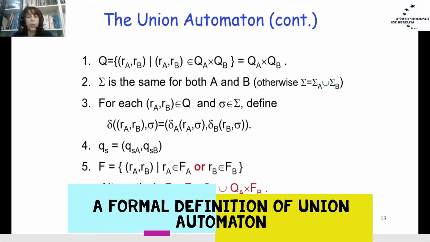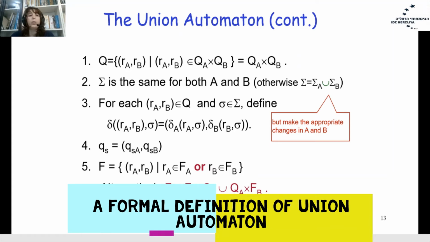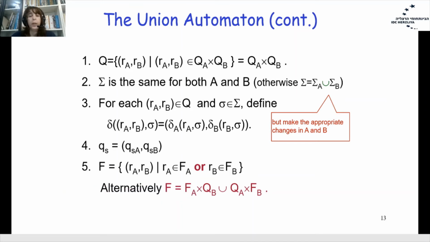We can define the union of sigma A and sigma B to be our new sigma for automaton M. Now we have to define a transition function. Basically, we start from the couple RA, RB, and we continue to a new state, which is once again a couple of states.